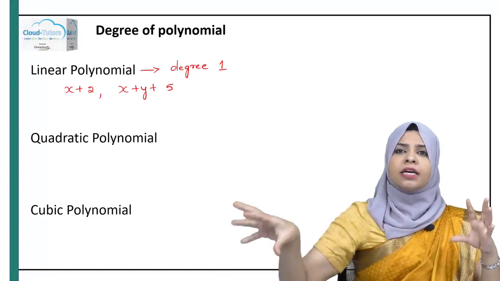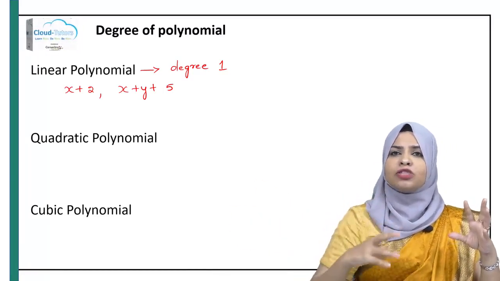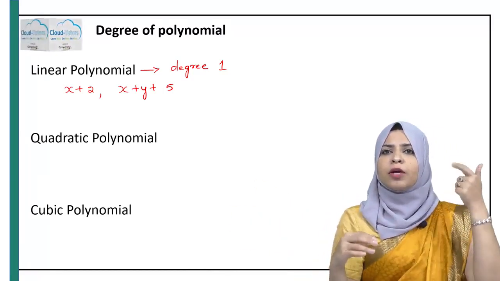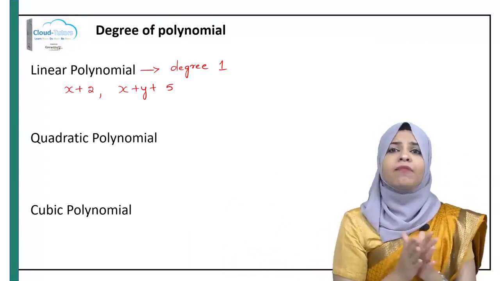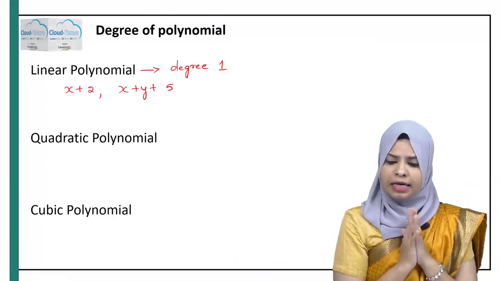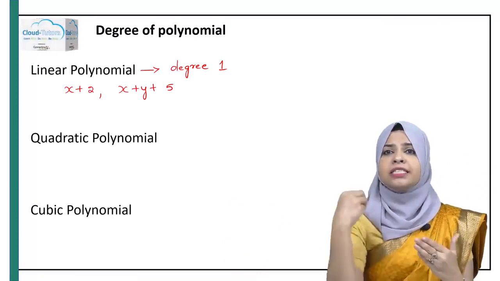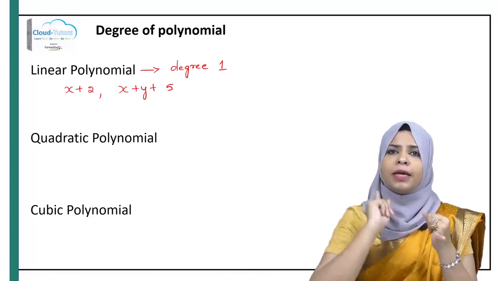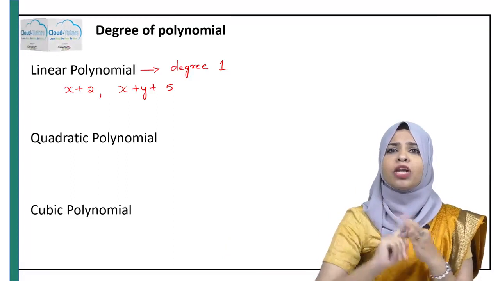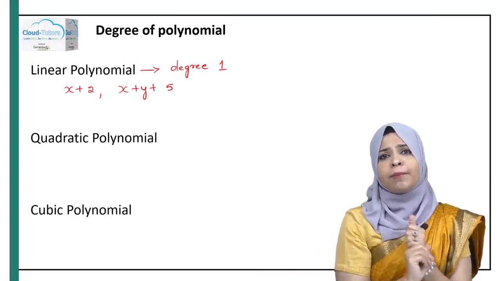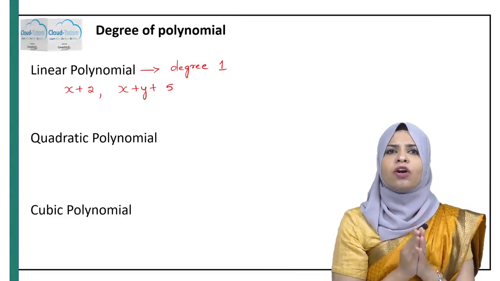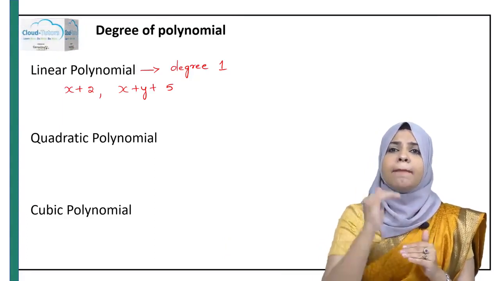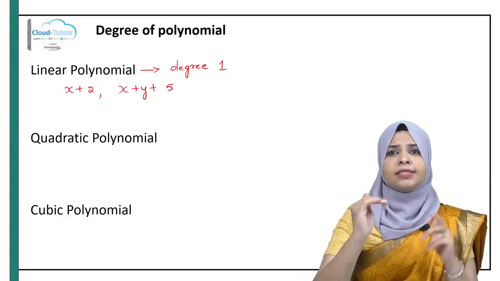When you classify a polynomial based on its terms, then you have monomial, binomial, trinomial and so on. But when we talk about types of polynomial based on its degree, then you have linear polynomial, quadratic polynomial, cubic polynomial, biquadratic polynomial, and so on.